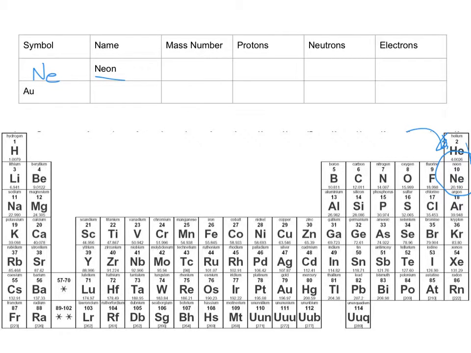Neon is element number 10, Ne, with a mass of 20.18. I have to round to the nearest whole number, so 20.18 rounds down to 20. So the mass number here is 20, and this is element number 10, so it has 10 protons, because the 10 is up here. I got the mass number from the bottom number and the number of protons from the top number.